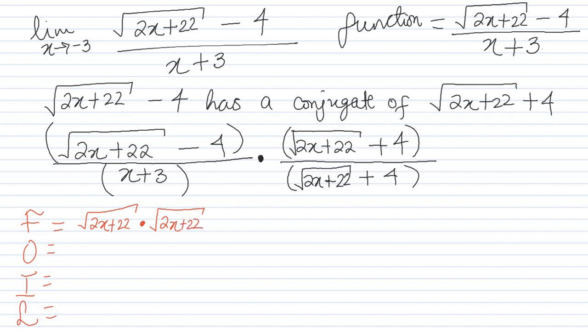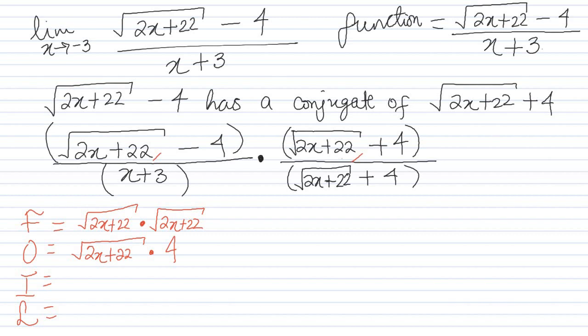Then the outers: the first of this term, multiplied by whatever is outer on the second part, which is just 4.